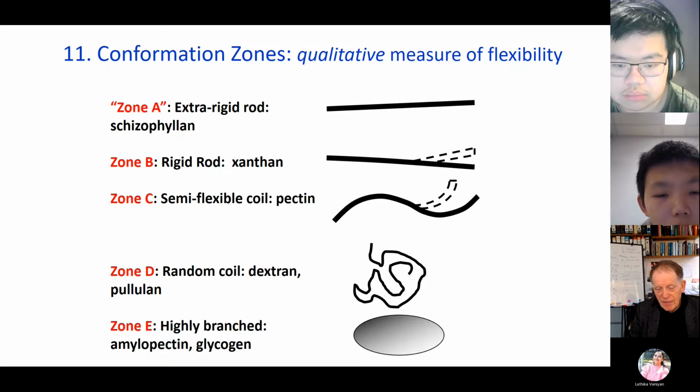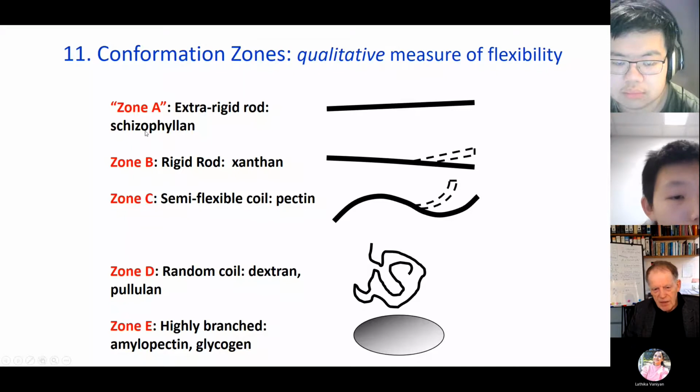In fact, many applications in biopharma. So this has some degree of flexibility, more so than xanthan, another polysaccharide, and schizophyllan, another polysaccharide. These are all polysaccharides. Schizophyllan is a very rigid molecule.